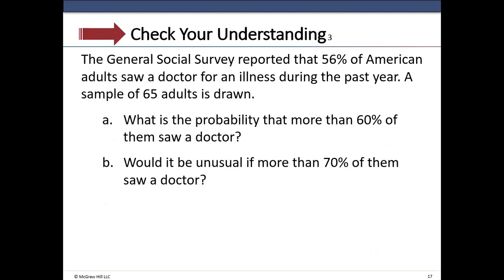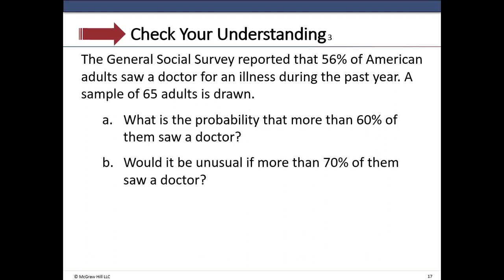The General Social Survey reported that 56%, p equal to 0.56 population proportion, of American adults saw a doctor for an illness during the past year. Sample of 65. So let's multiply 65 times 0.56 to find the number of successes. 65 times 0.56 is 36.4.